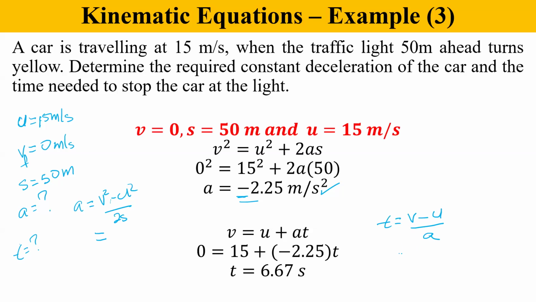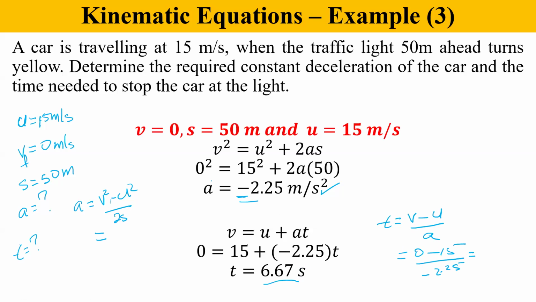So here you'll put in your final velocity was 0. Initial velocity was 15, right? Upon minus 2.25. So right there you'll get a positive 6.67 seconds for your time, right? And that's simply how you do it.